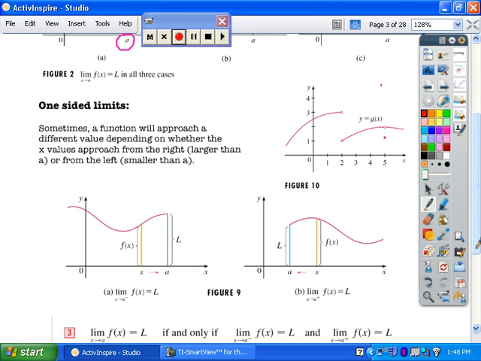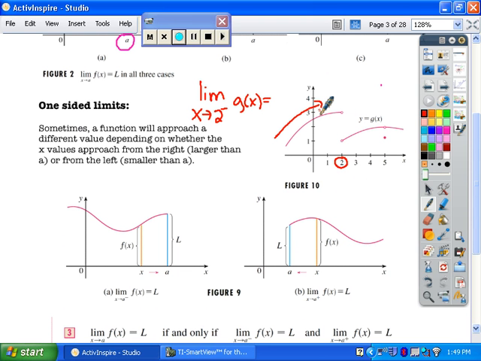Okay, we can talk about a one-sided limit as well as an overall limit. In this diagram right here, I could ask, what's the limit as x approaches 2 from the left of g of x? This little negative up there means from the left. So I'm looking at 2 from the left.